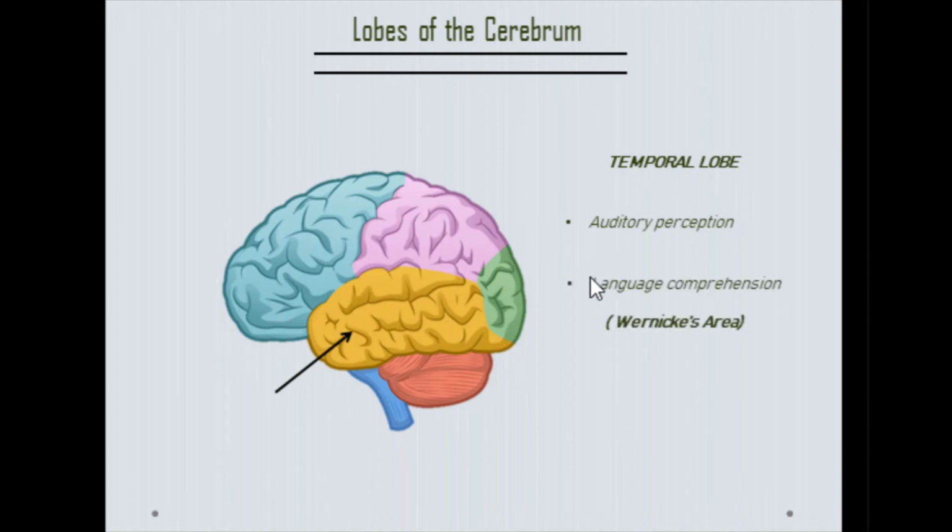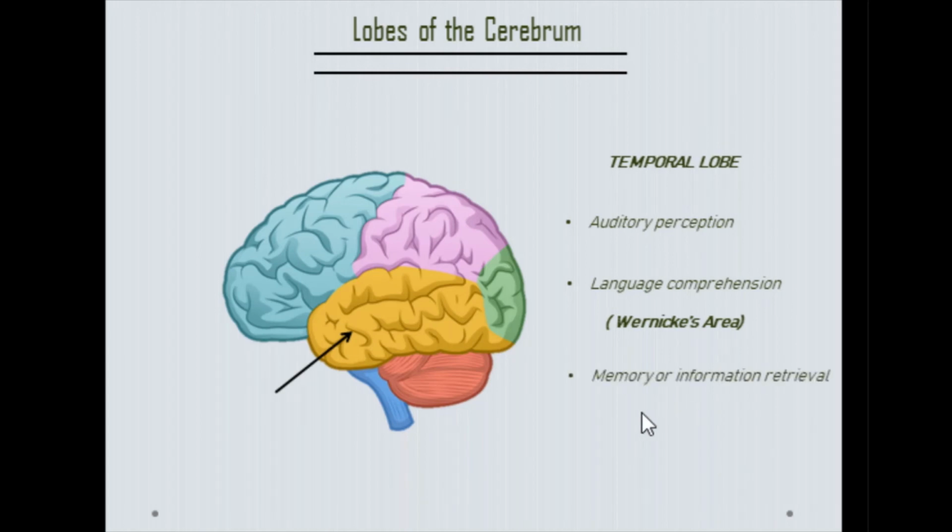Next, you can also have language comprehension. Language comprehension. You will know what you talk about because of this lobe. And you can find in this lobe the Wernicke's area. Wernicke's area.